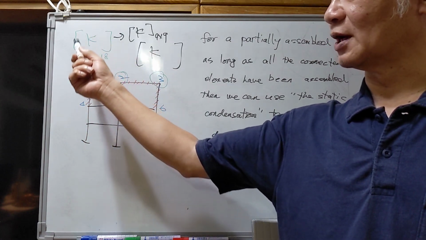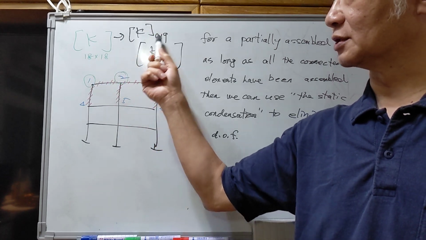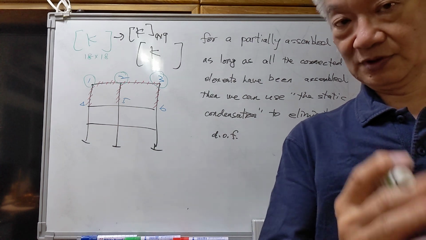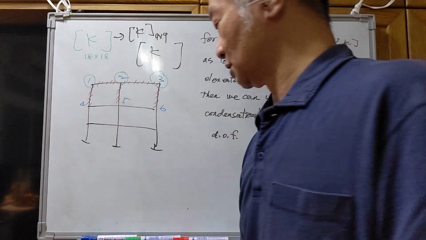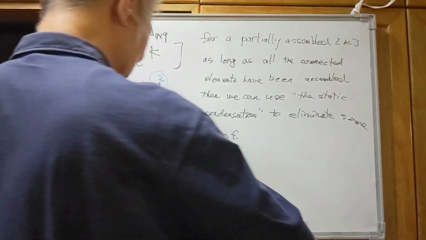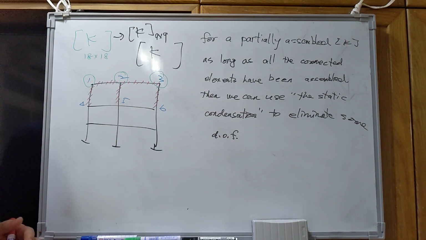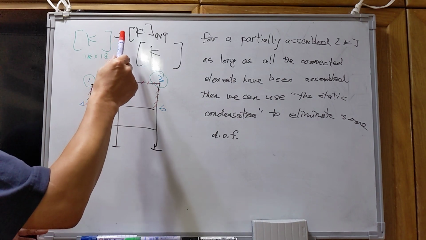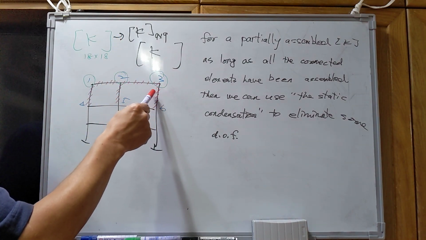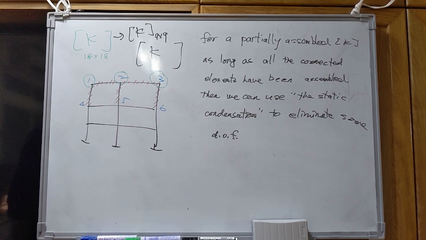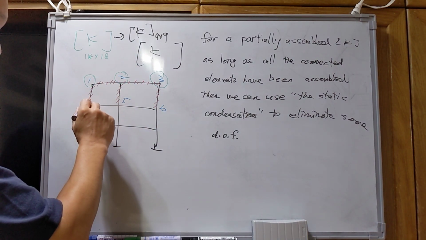So the 18 by 18 matrix can be condensed to a 9 by 9 matrix, which is a smaller dimension. So that's the first step. We can assemble all elements related to the top layer, and then use the static condensation to condense out these 3 nodes.